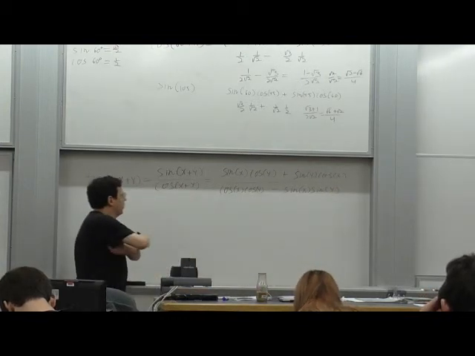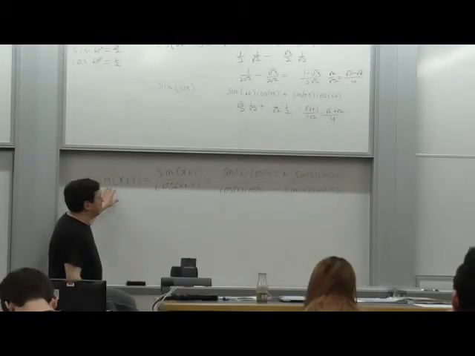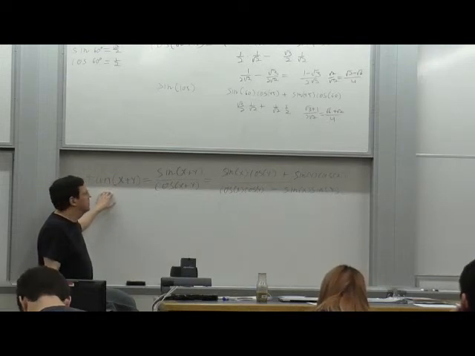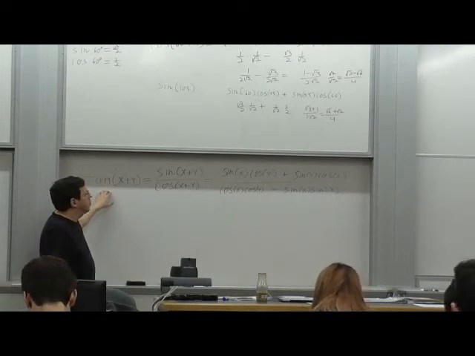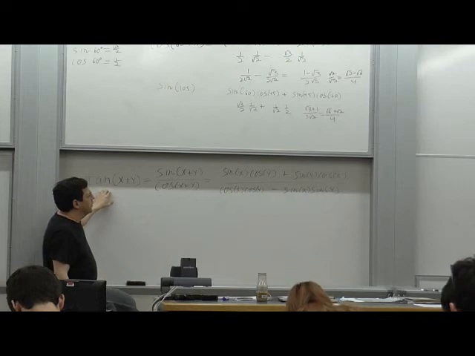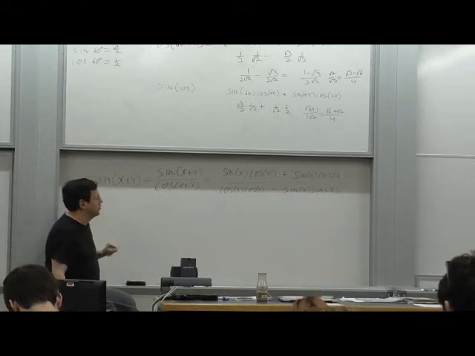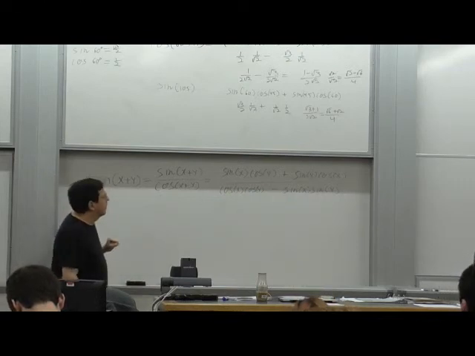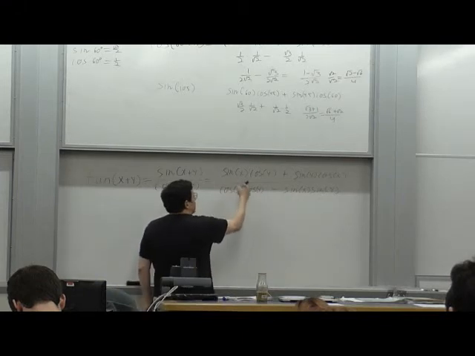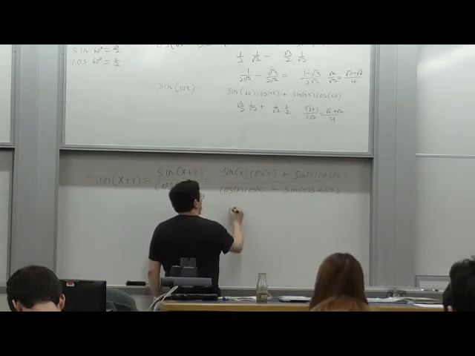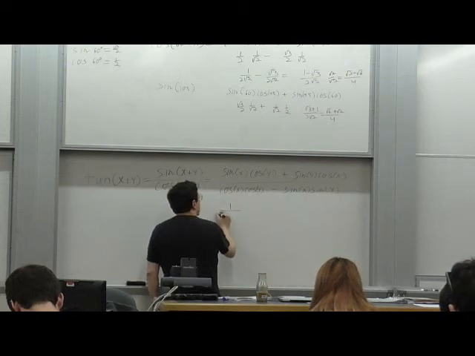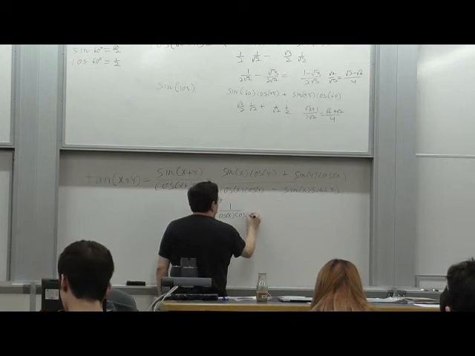Okay, well that doesn't look too good, and it would be nice if this was in terms of the tangent. So what could we do to give us just what we're looking for here? Well, we're going to multiply the top and bottom by 1 over cosine of x cosine of y.